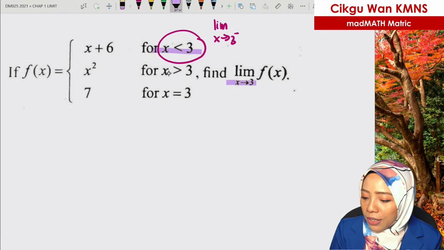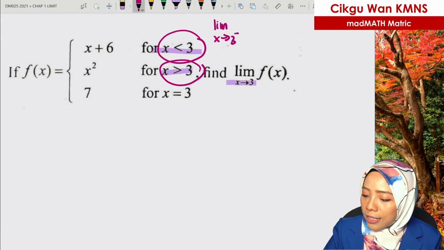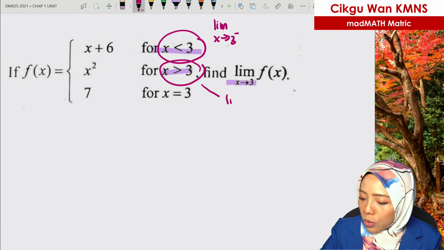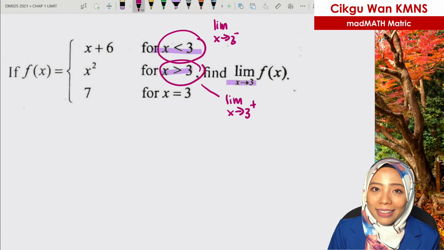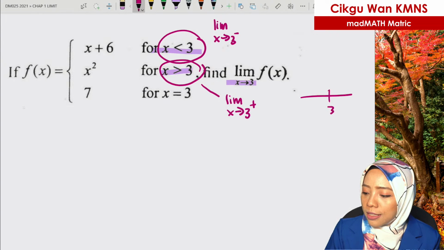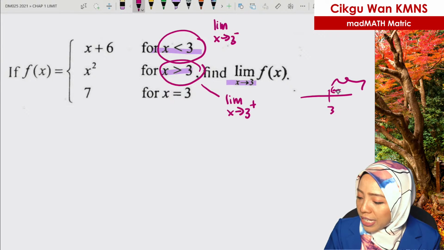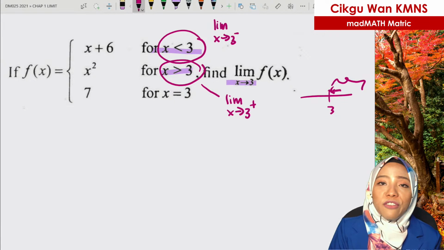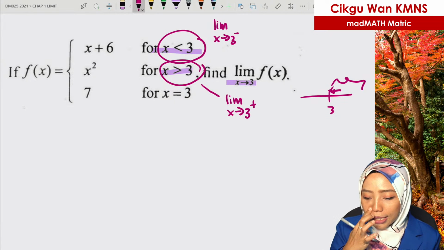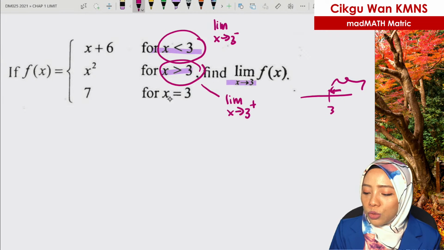For x greater than 3, this is where you use limit x approaching 3 to the right. For greater than 3, everything uses the function x squared. So even as it approaches 3, the values near it still use x squared. When x is equal to 3, it is equal to 7.